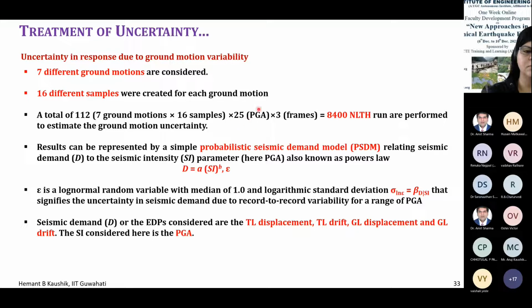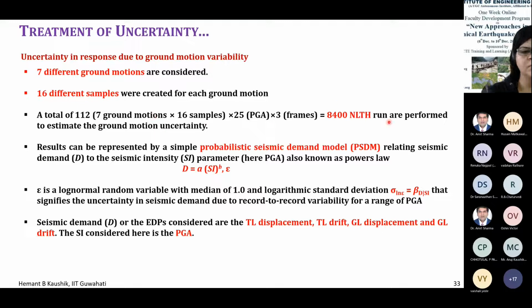So there are 25 peak ground acceleration values for each of these ground motions that we considered, and we considered 3 different frames for each of these analysis, and finally we get 8,400 nonlinear time history analysis runs just to estimate what is the uncertainty in only the ground motion uncertainty.